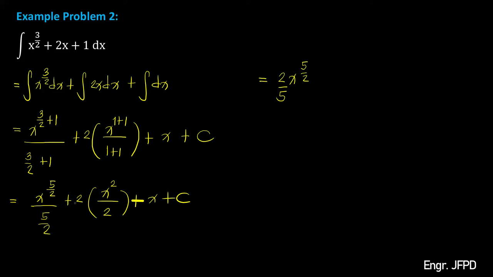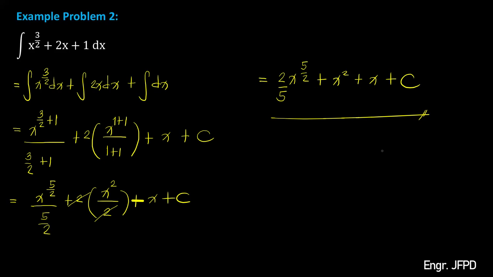And for this 2 and 2, they will cancel out, and this is now plus x squared plus x plus c. And this will be our final answer for our example problem number 2.